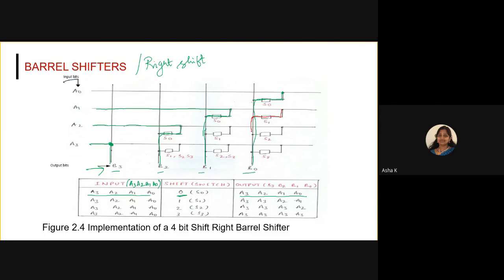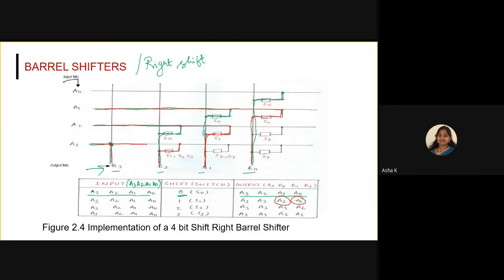Just observe, since S1 is on, what are the outputs that I am getting? B0 is equal to A1, whatever data enters here will appear here. Next, B1 output is equal to A2.